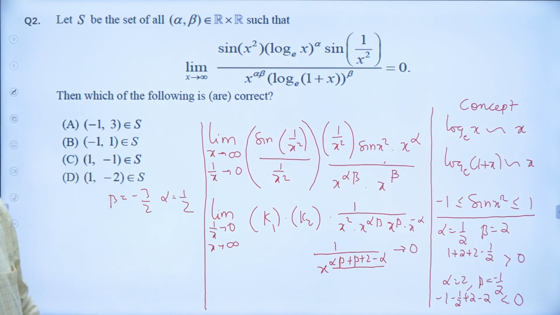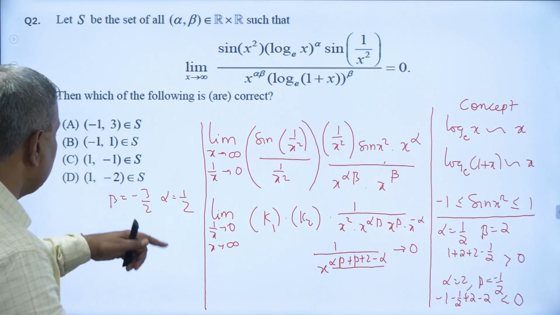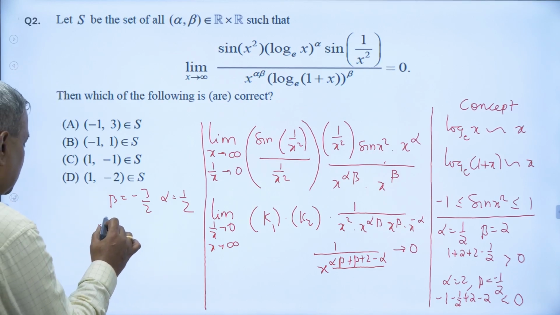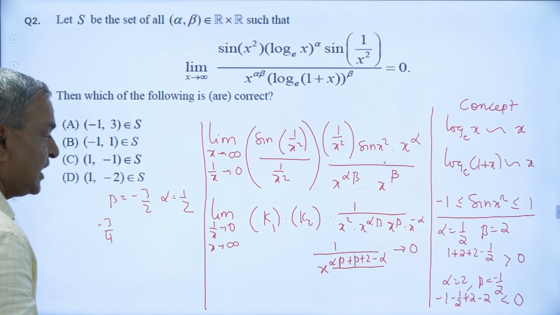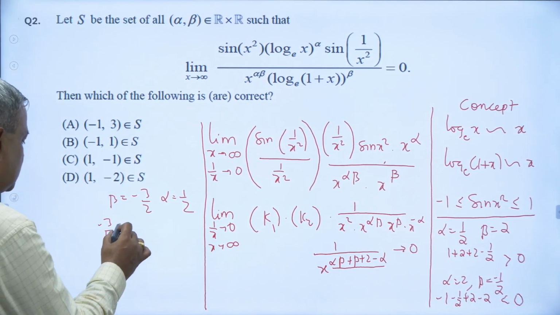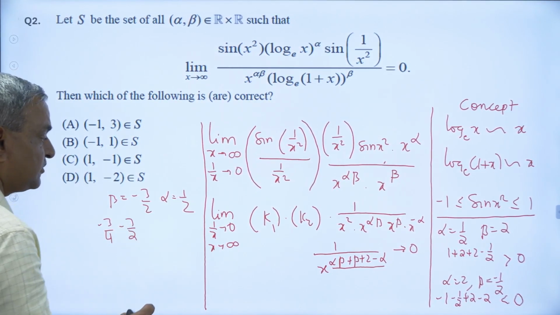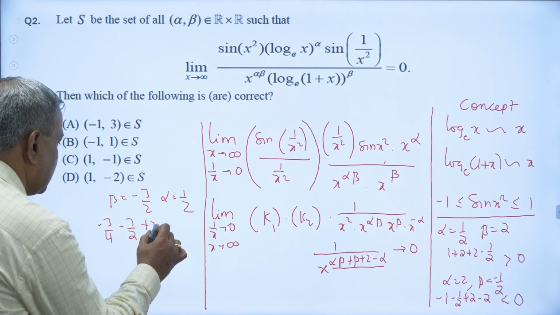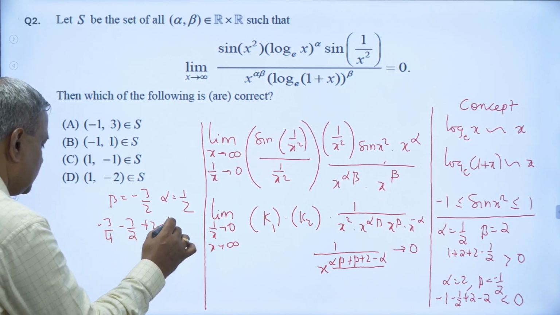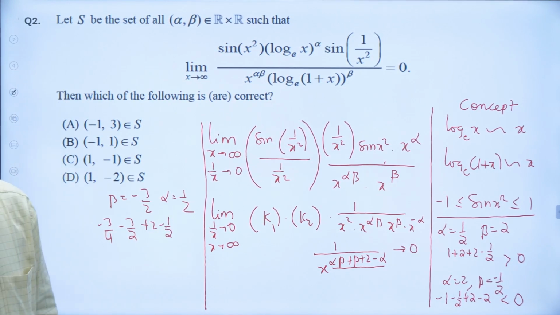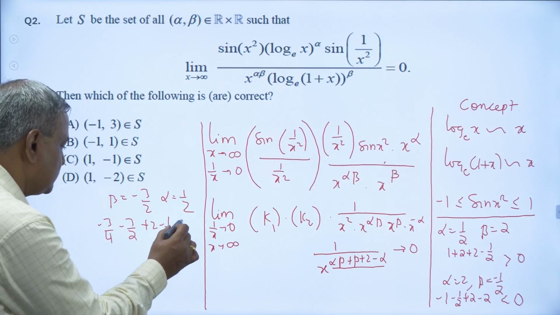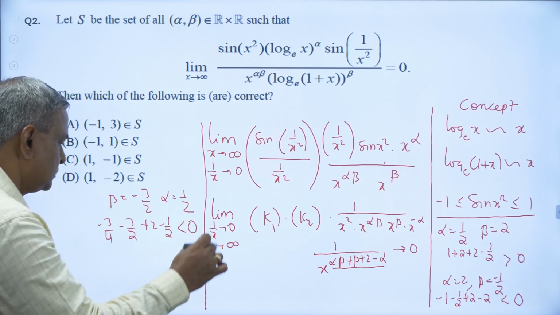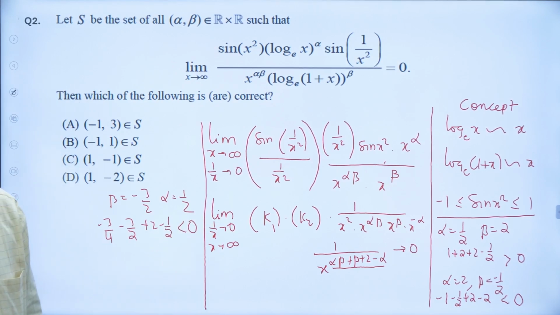We are talking about option D. So what we get if you substitute the value, alpha beta will give you minus 3 by 4. Next you get beta as minus 3 by 2 plus 2 minus alpha, minus 1 by 2. Minus 3 by 2 minus 3 by 2. This will give you again less than 0.